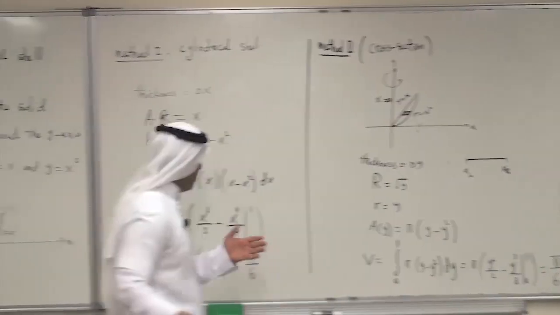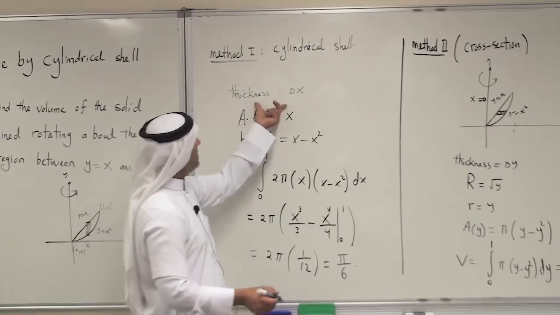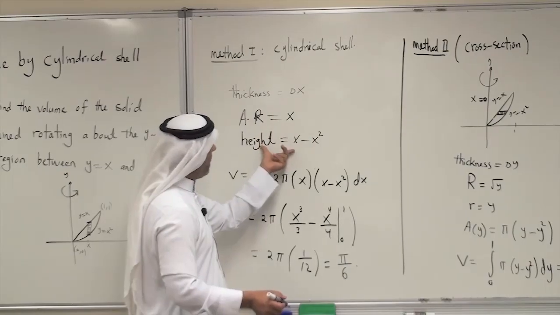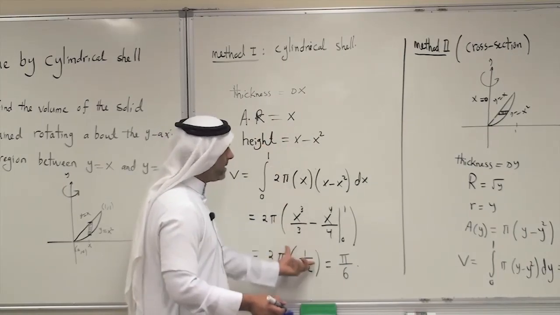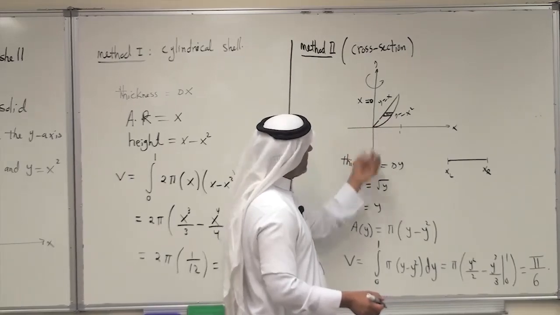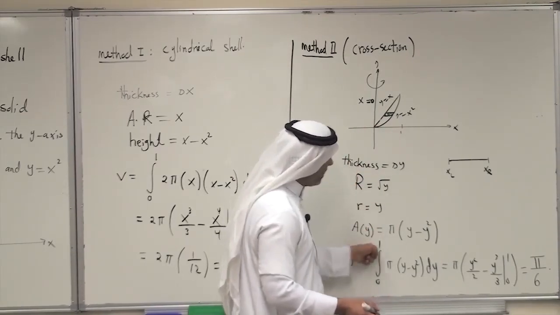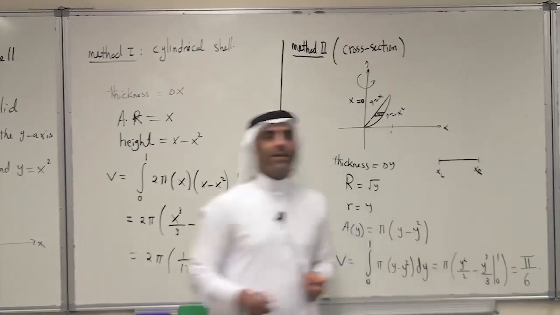So yes, if we are using cylindrical shell, we need to find the thickness, average radius, height, and then use the formula to get the answer. If we are using cross sections, we end up with a washer in this case. So we get the thickness, the outer radius, inner radius, cross section area. We end up with the same final answer.